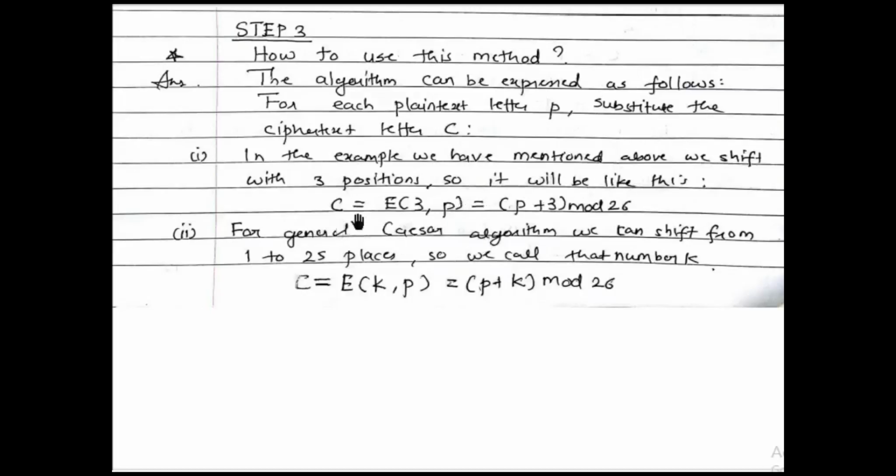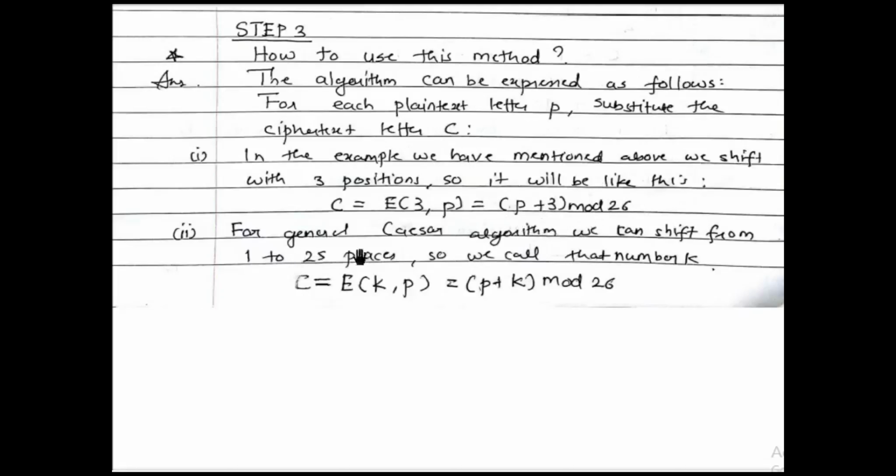C, that is the ciphertext letter, will be the encryption of 3, that is the key, comma P. P is the number representative of the plain text letter. So that will be equal to P plus 3 mod 26.